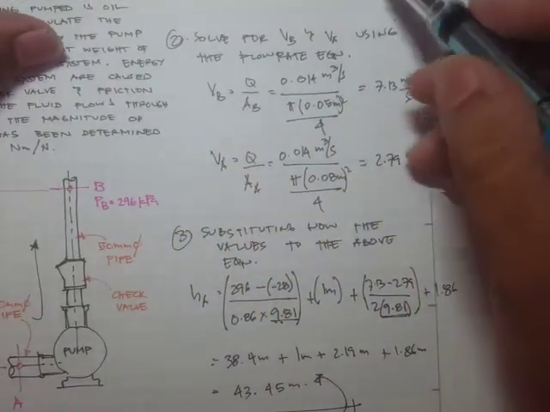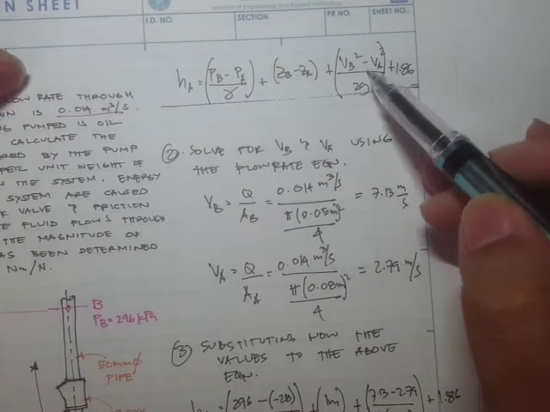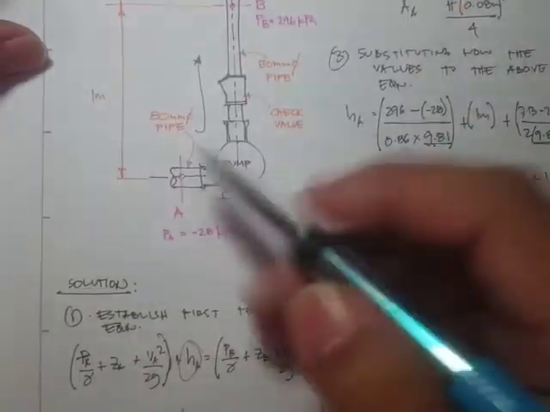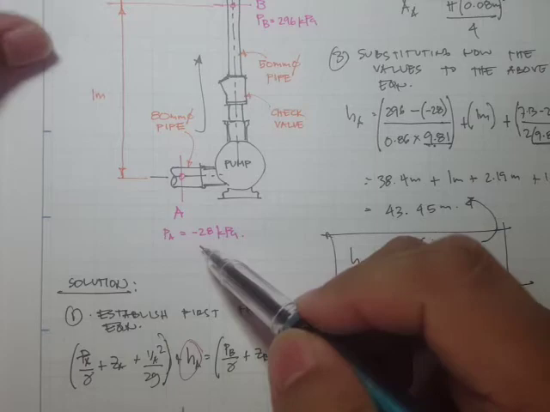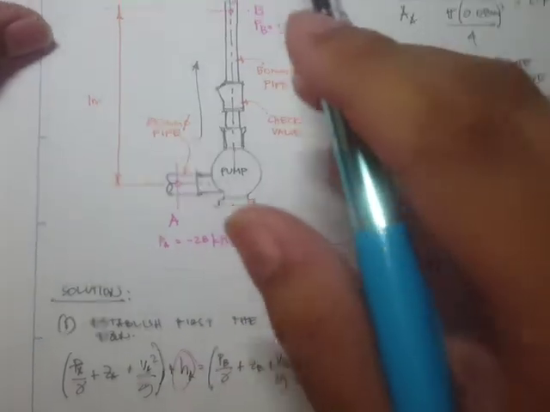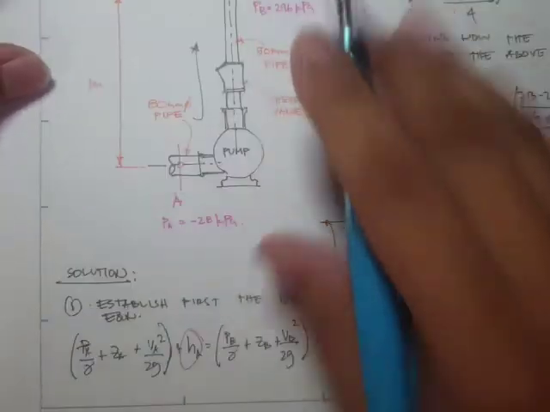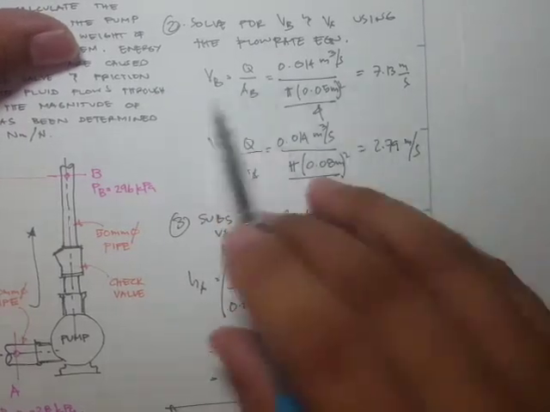So we need to solve first for the velocity V sub B and V sub A, which we get its value when applying the flow rate equation, because we are given the flow rate, the Q, 0.014, plus the area, and therefore by using the flow rate equation, we can solve for the velocity.